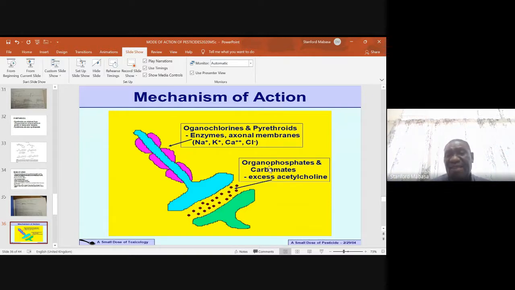On the other hand, organophosphates and carbamates cause excessive acetylcholine to accumulate, causing the transmission of messages to be continuous, which can lead to the death of the pest.